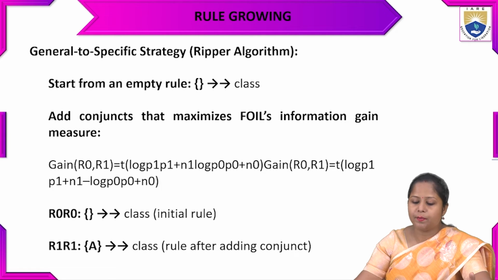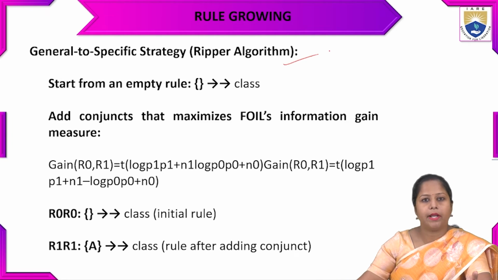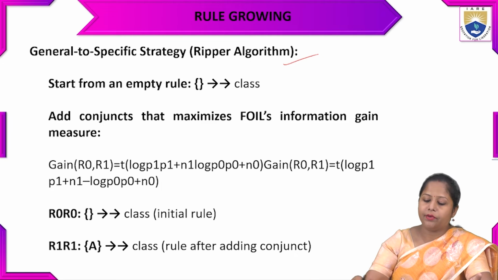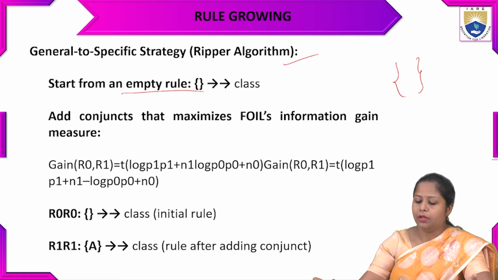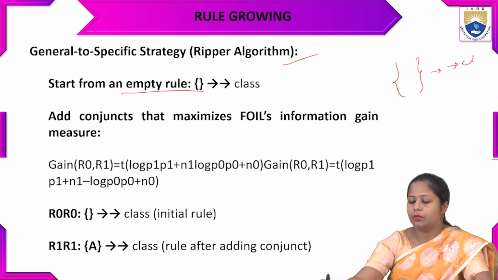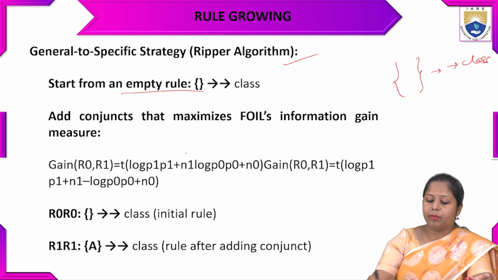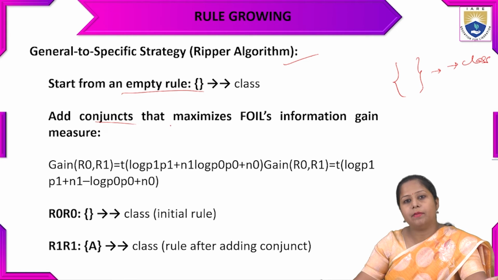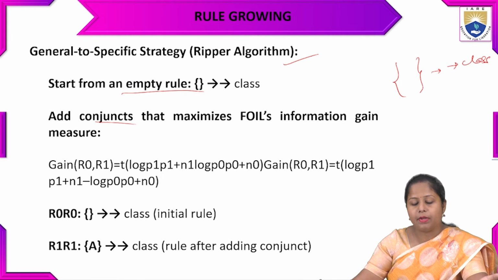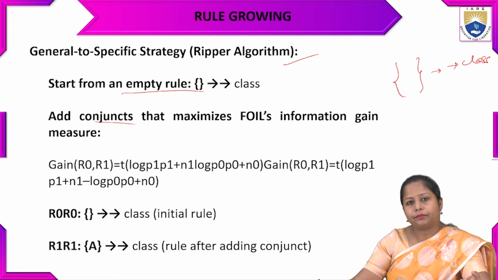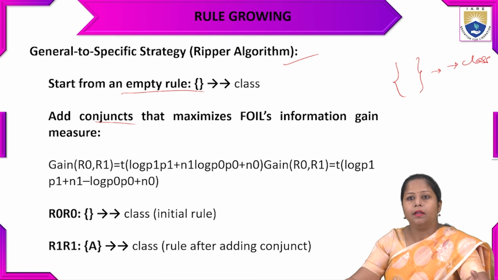For the Ripper algorithm, a general-to-specific strategy is used. We start from an empty rule assigned to the class, and then in the next step we add conjuncts that maximize the FOIL's information gain measure. In the Ripper algorithm, the classifier is going to compute the gain of FOIL.